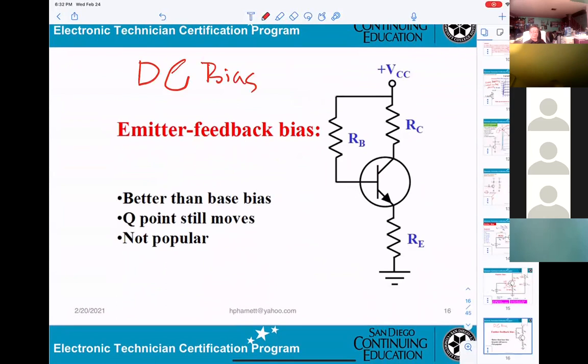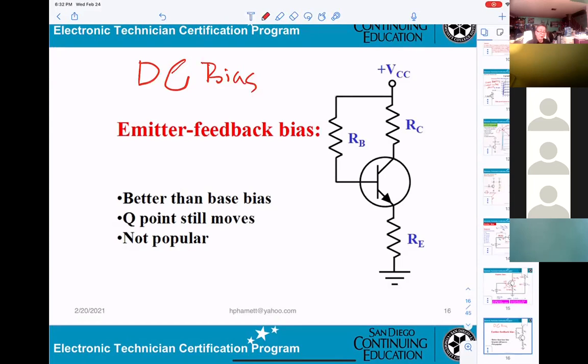That's for DC. Without the power supply, the transistor is not working. They need the power supply, one or two, that doesn't matter. That's what they call a DC bias.